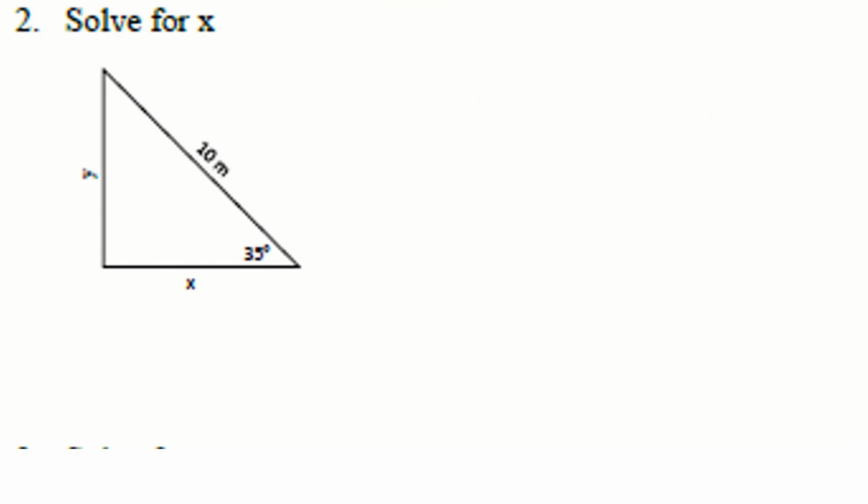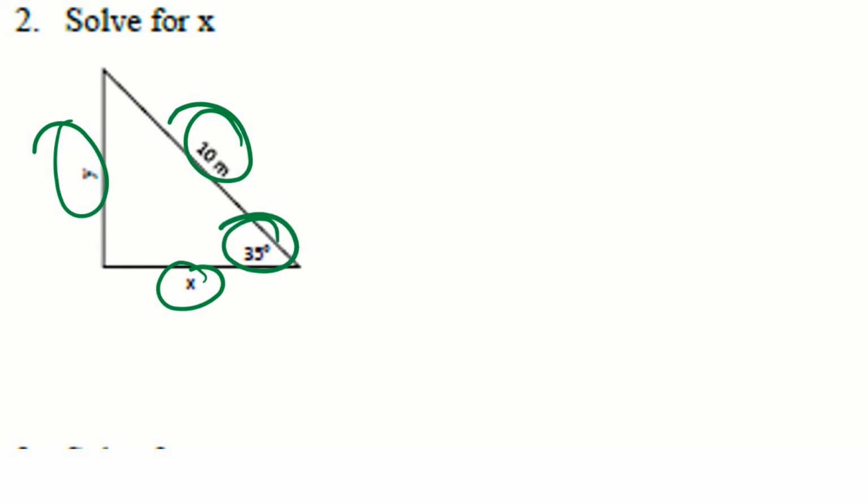Number 2 states solve for x. So they're giving me this unknown. I know my hypotenuse, but I don't know the y, which is the other side of the triangle. But I do have an angle.